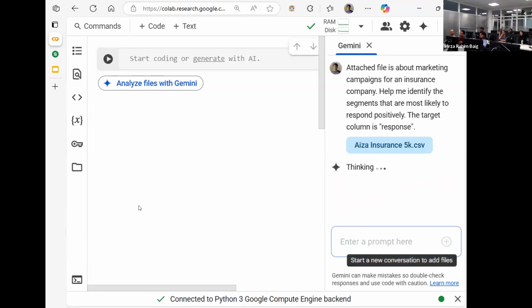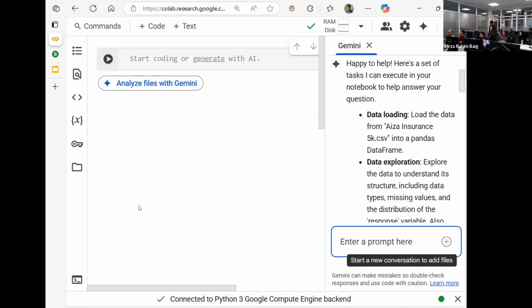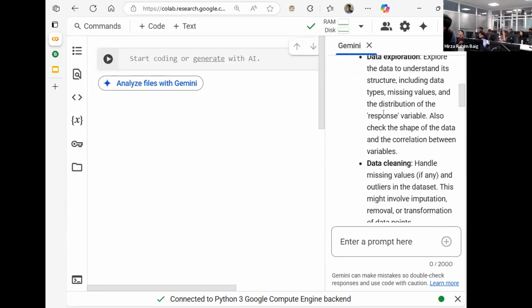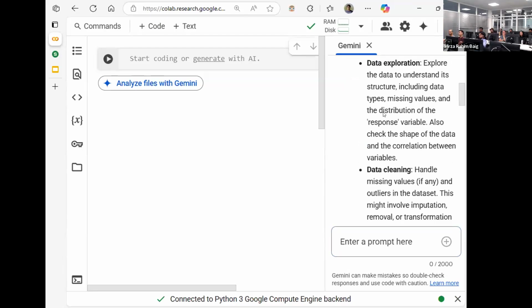So now what it's going to do is, it says thinking, but essentially it will make some sort of a plan: here's a set of tasks that I can execute in your notebook to help you answer the question. I will load the data. Then I will do some data exploration, right? I'll check missing values, the distribution of the response variable, the shape of the data, the correlation between variables.